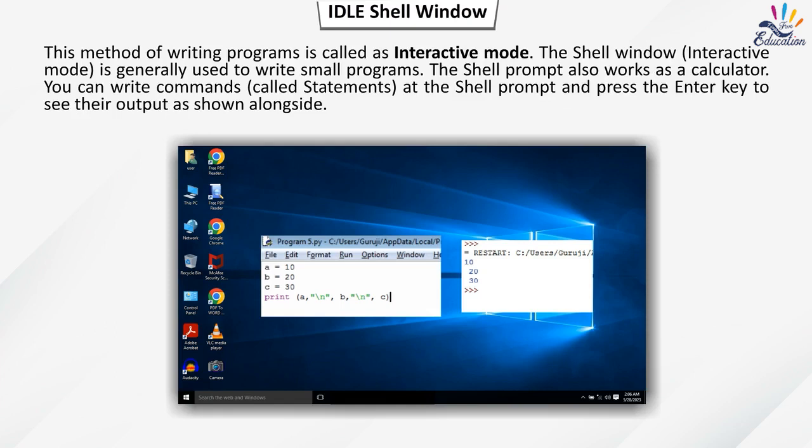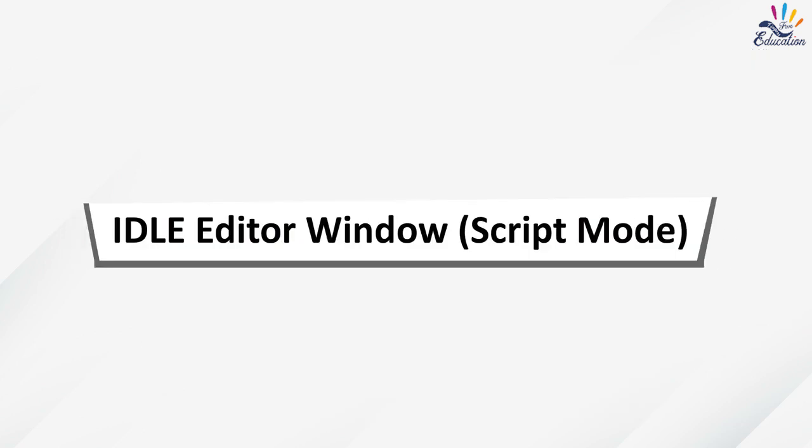This method of writing programs is called interactive mode. The shell window interactive mode is generally used to write small programs. The shell prompt also works as a calculator. You can write commands or statements at the shell prompt and press the Enter key to see their output as shown alongside.